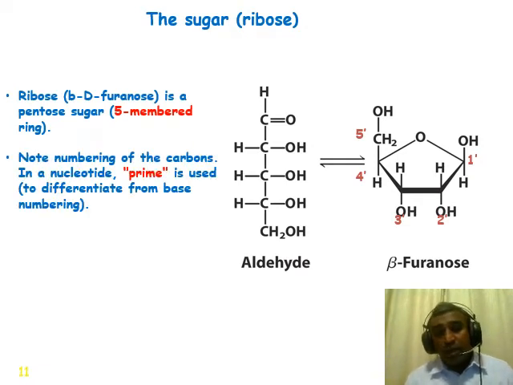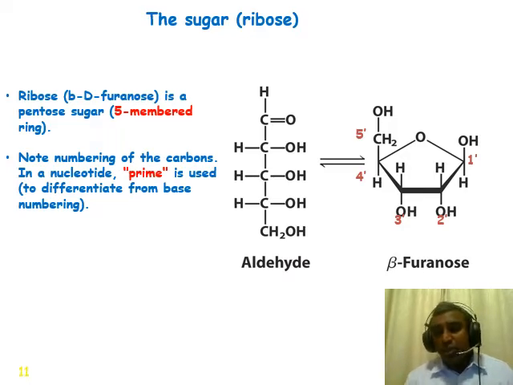A bit more on why the prime comes in. This prime is actually, as you can see here, 1 prime, 2 prime, 3 prime, 4 prime, 5 prime. Okay, it's just labeling based on the chemistry way of referring to a structure.